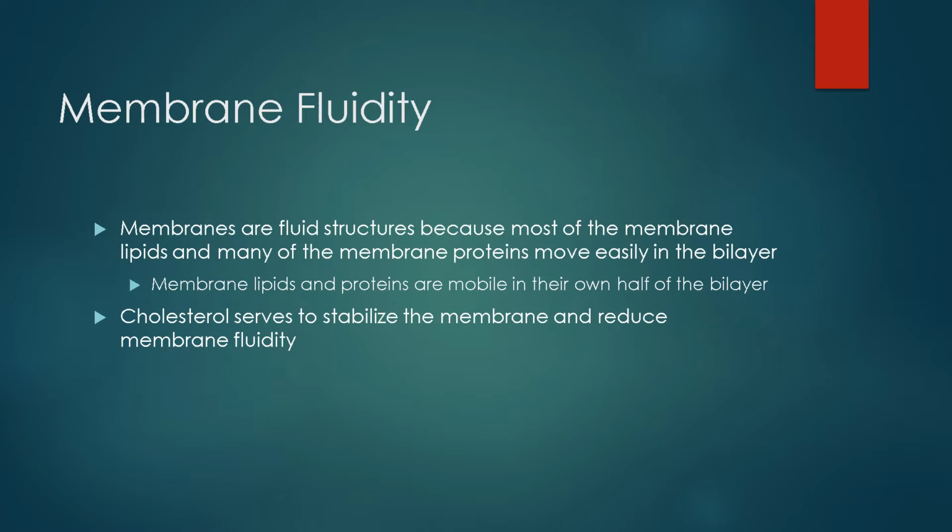Now, membrane fluidity depends both on the number of double bonds in the fatty acid tails of the lipids that make up the bilayer. So remember when we talked about the differences between saturated versus unsaturated fatty acids. And it also depends on the amount of cholesterol present.